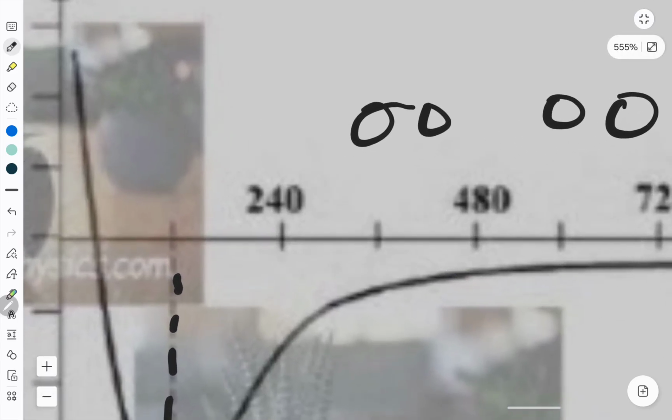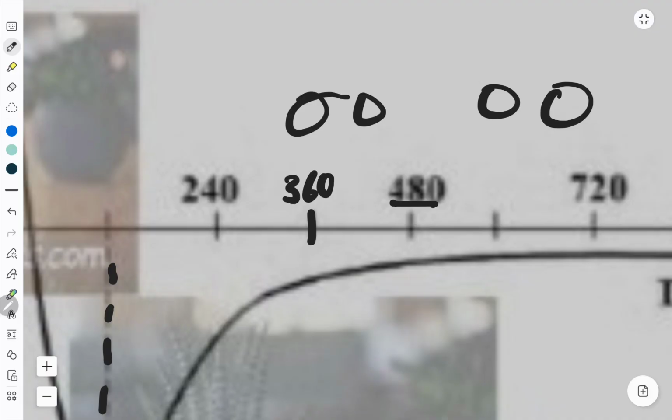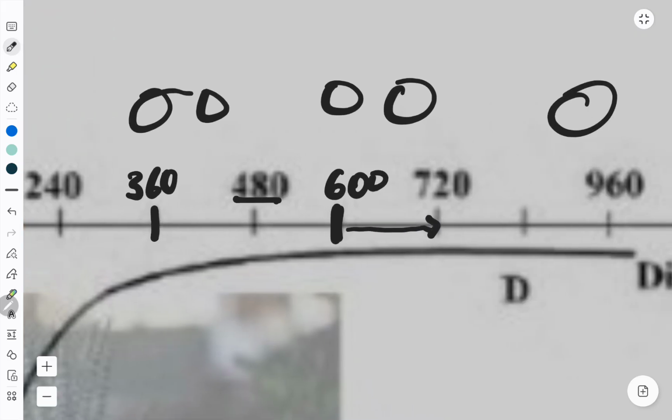Yes, so if I were to include this line, I would have something like 360, because that's 120, and if you add 120 to 360, you get 480. Then 480 plus 120 is 600. Then you add another 120 to get to the next line, that would be 720, and so on and so forth.